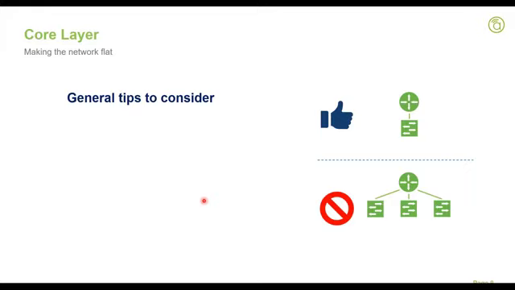So we go to the core layer, and our goal here is to make the network as, quote-unquote, flat as possible, which means that you want to minimize the number of hops between different segments of the network. Like I said, for performance purposes, for a lot of different reasons that we mentioned in the gateway layer, we would like to keep one core switch off of the router and then everything off of that core switch.